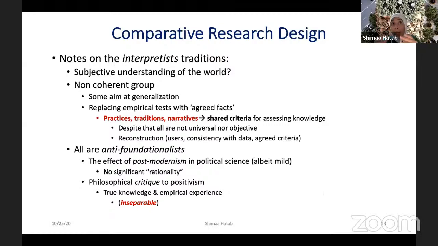So I go there and I need to understand as an interpretist. I don't want to make any sort of causal claims, but I need to understand these traditions, practices and narratives, and the meaning I assign to what they are going to tell me. I'm going to make this available to other researchers, but it's not an empirical test; it's still available in order to reconstruct the meaning.